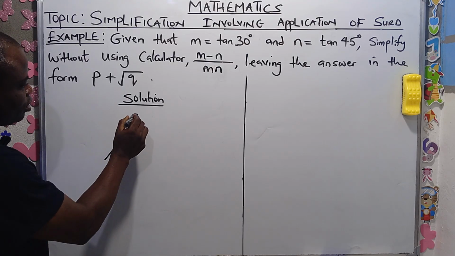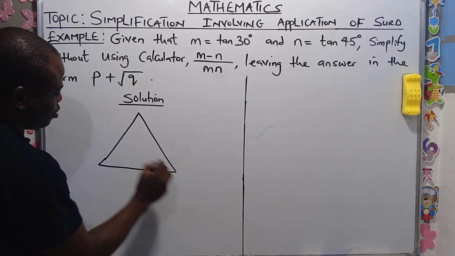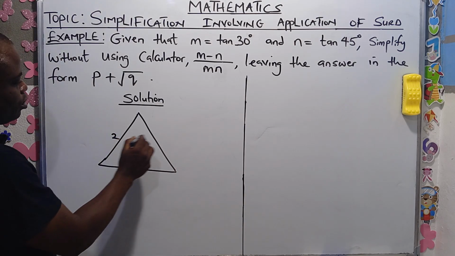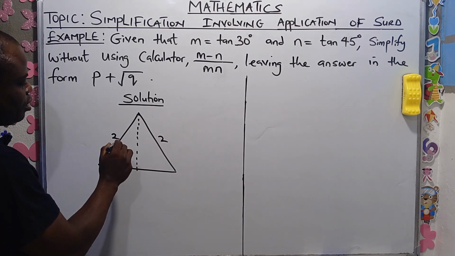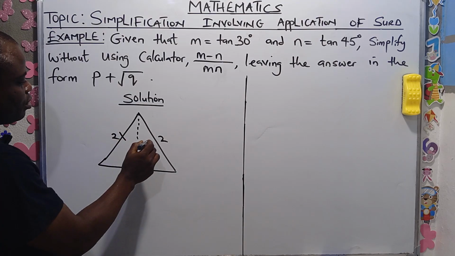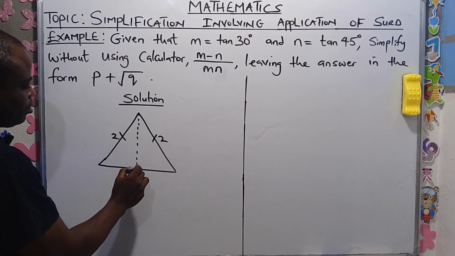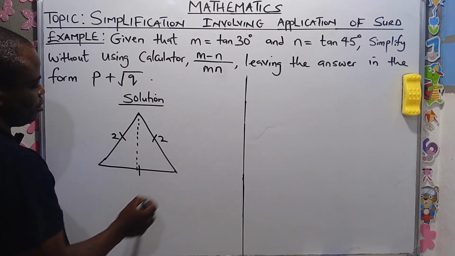First one I want to draw: you have 2, 2. Say this is an equilateral triangle, so the three sides are equal.